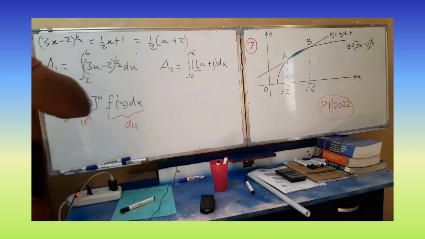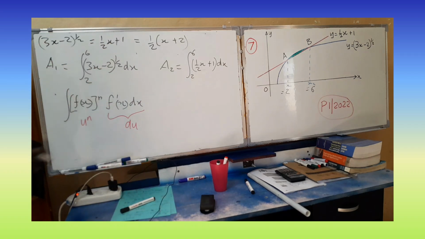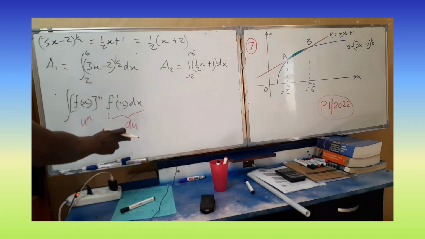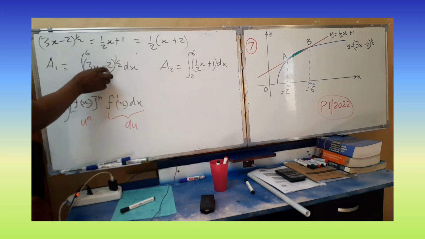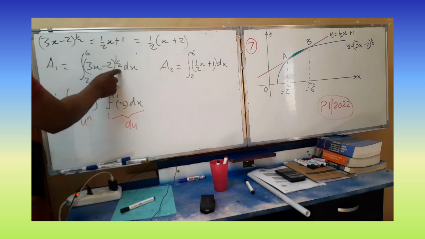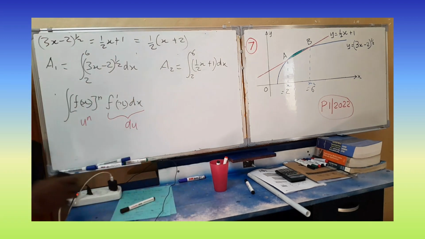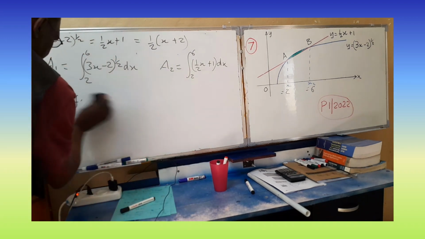We turn everything around and put it in terms of u. It now becomes the integral of u to the n du. Okay, but this one here is not in this form, because we know that the derivative of the thing inside the brackets is 3, and we don't have a 3 here. So why don't we try some panel beating and do this?